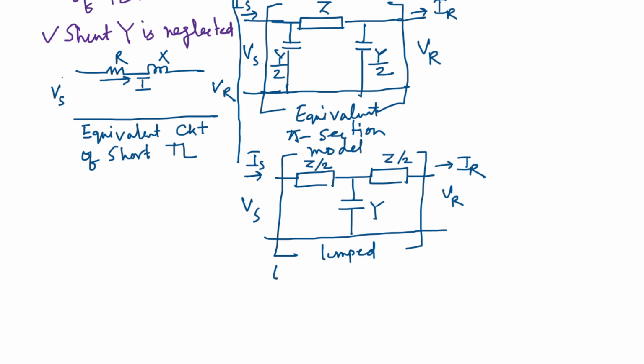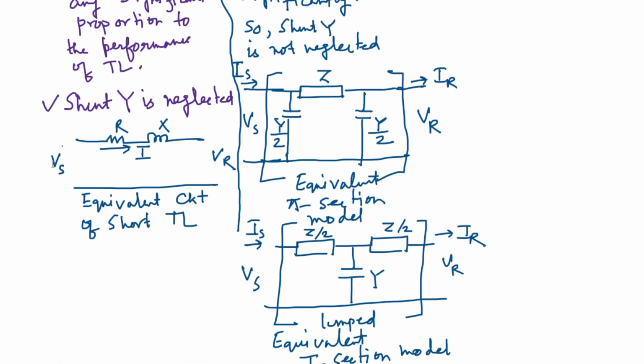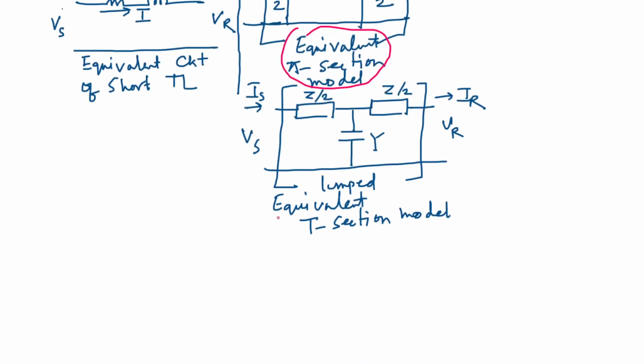This is called the equivalent T section model. So a medium transmission line can be represented either as an equivalent pi section model or as an equivalent T section model.